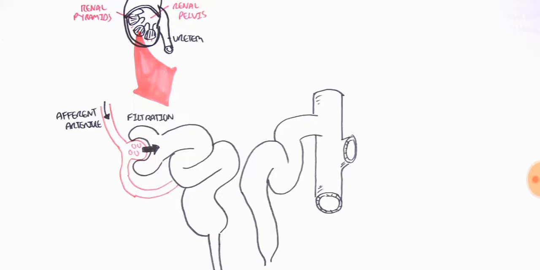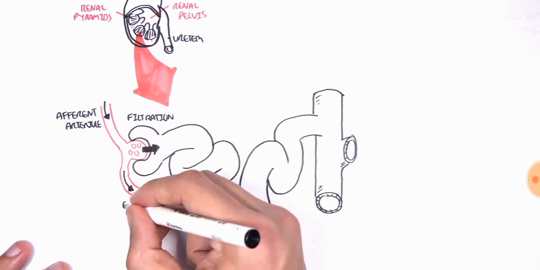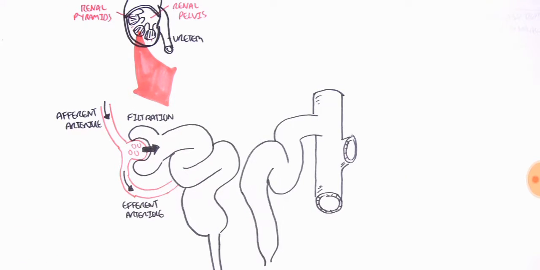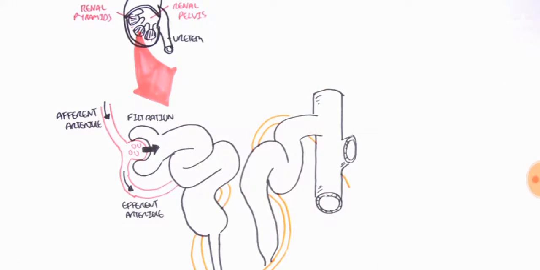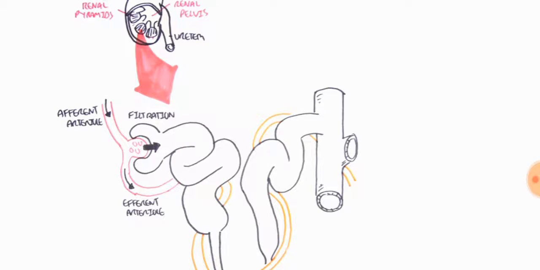The remaining blood will leave the glomerulus and exit out through the efferent arteriole. And this efferent arteriole will essentially make its way around the nephron as the vasa recta. The vasa recta's role is to reabsorb things from the filtrate that is within the nephron.